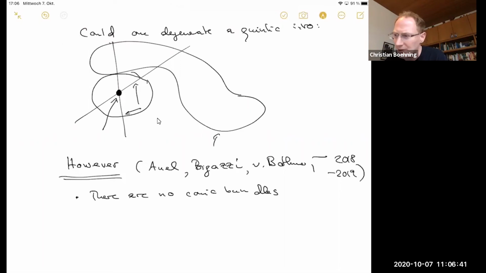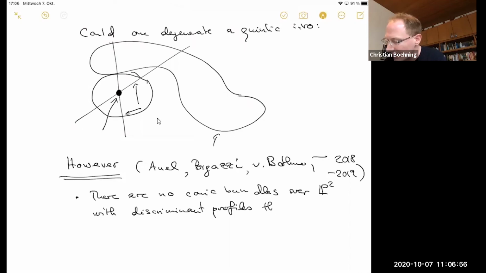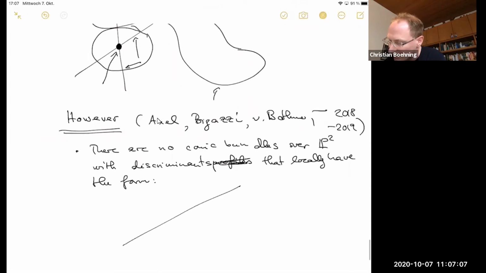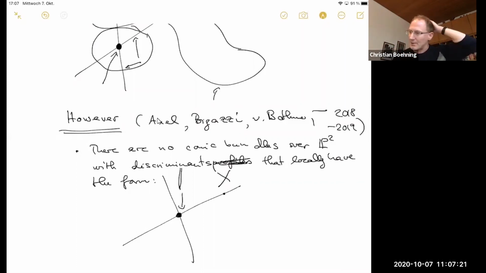over P2 with discriminants that locally have the form, so even étale locally, two smooth branches crossing transversely, and then over the point outside, the fiber of the conic bundle being a cross of lines, and over this point a double line.